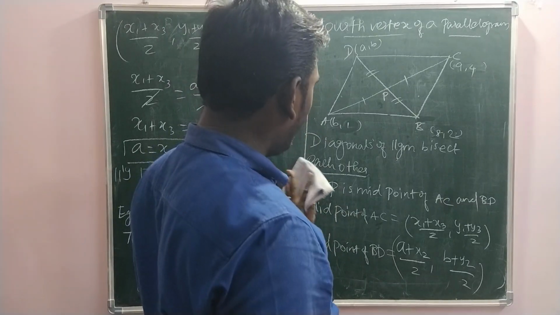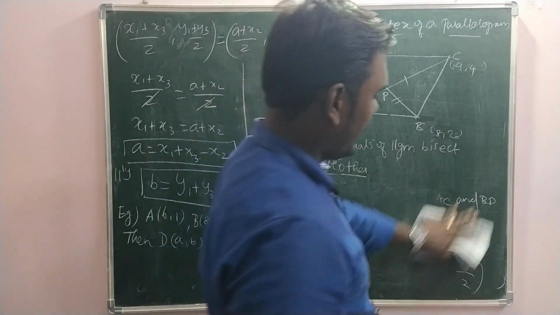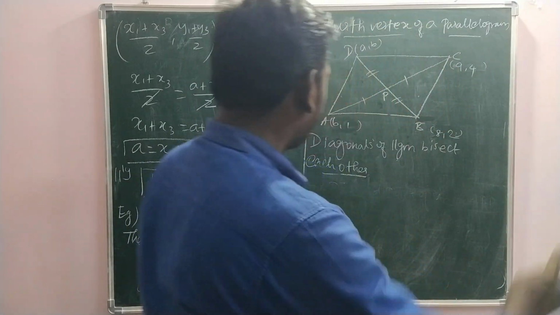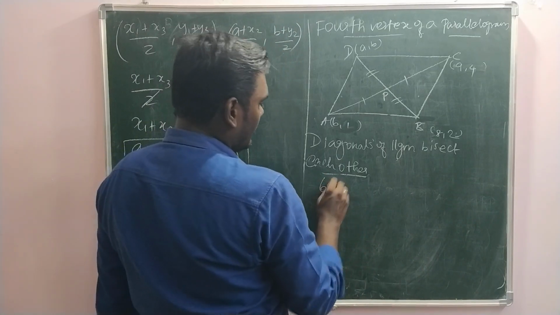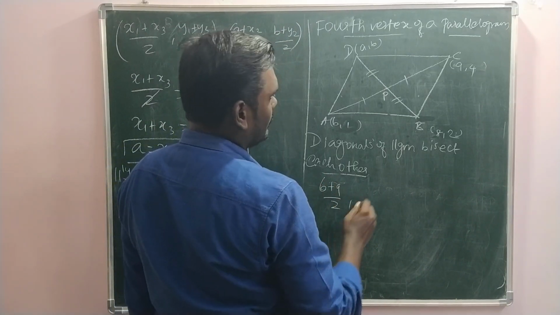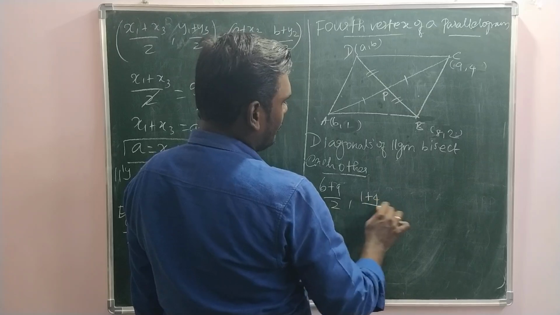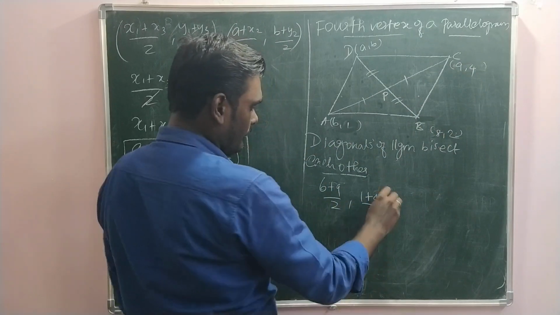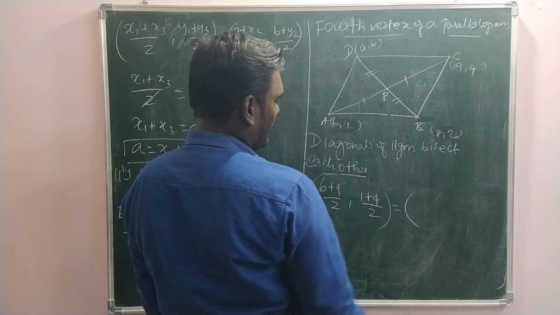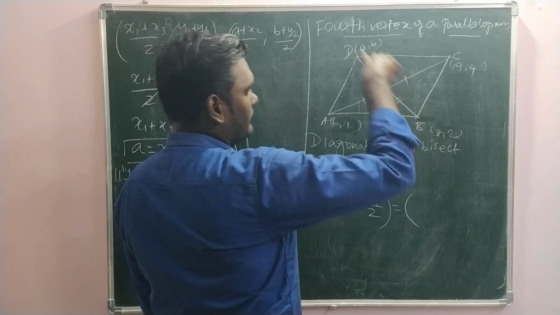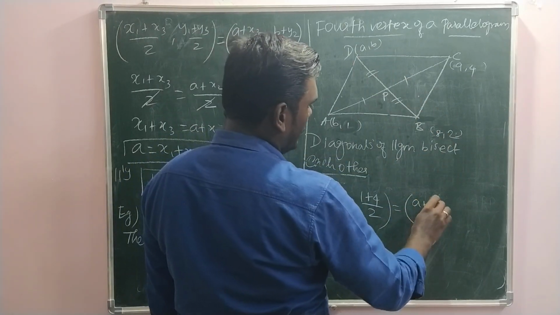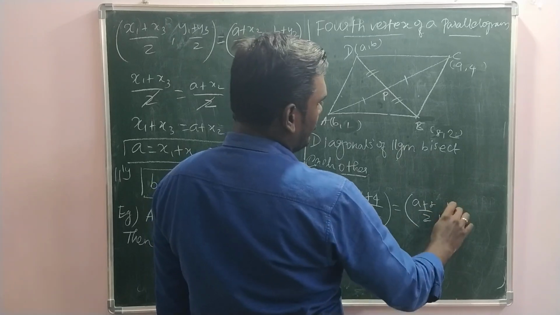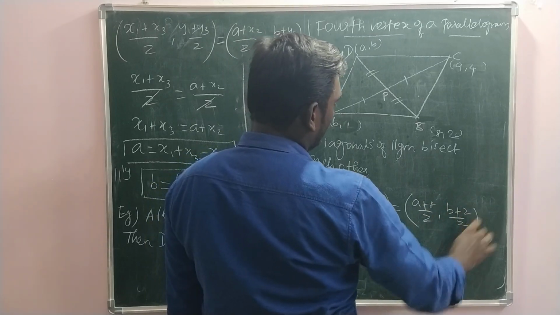So directly how we can write: the diagonals bisect each other, and we know (6 plus 9) by 2 comma (1 plus 4) by 2. What I am writing is the midpoint of AC, man, is equal to the midpoint of BD, that is (a plus 8) by 2, (b plus 2) by 2.